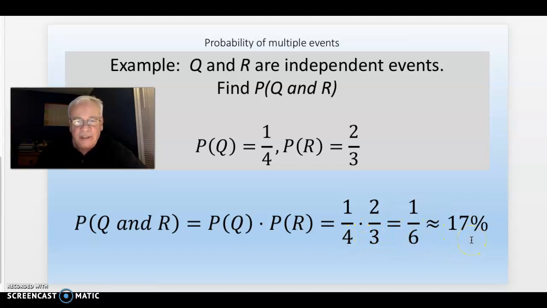You get 17%. Remember, this number is less than either one of these events happening by itself. The probability that they both happen is less than the probability that either one of them happens by themselves. Okay?